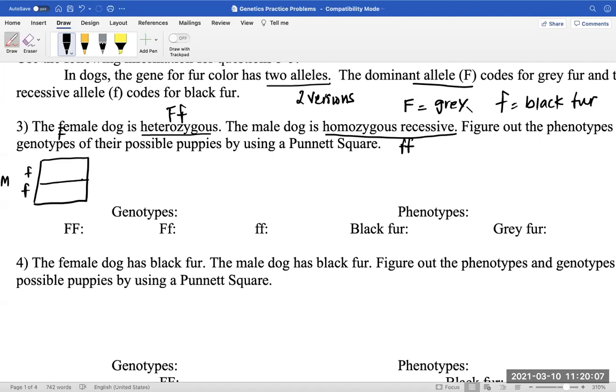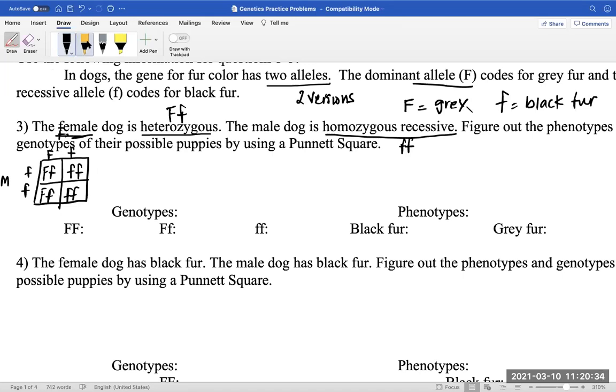And for female, big F, little f. So you bring big F down, little f, little f, little f, big F, little f, and then little f, little f.